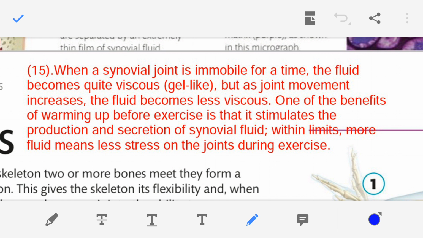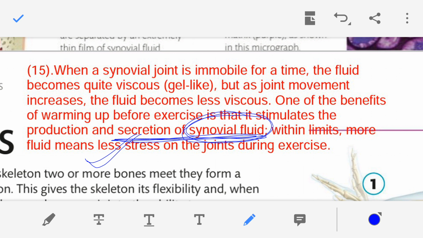So when we are warming up, our synovial joint is filled tremendously by the secretion of the synovial fluid. So this synovial fluid protects the articulating bones of the joint, so we do not get injuries when we are doing the exercises.